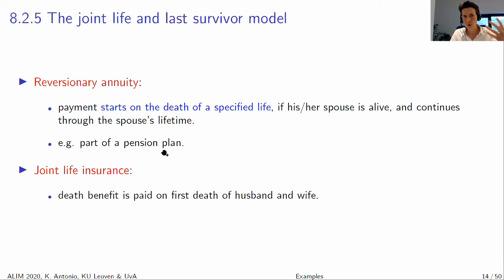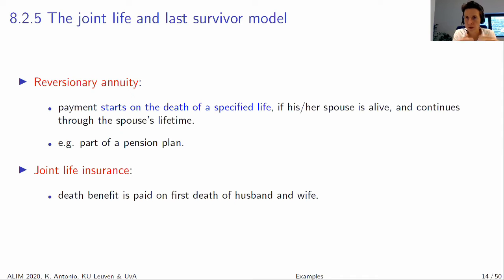You could go a bit further into that. So what is a reversionary annuity, for instance? That's an annuity that starts paying on the death of a specified life if the remaining partner is alive, and that annuity will go on as long as the surviving partner is alive. So that's, for instance, part of a pension plan.